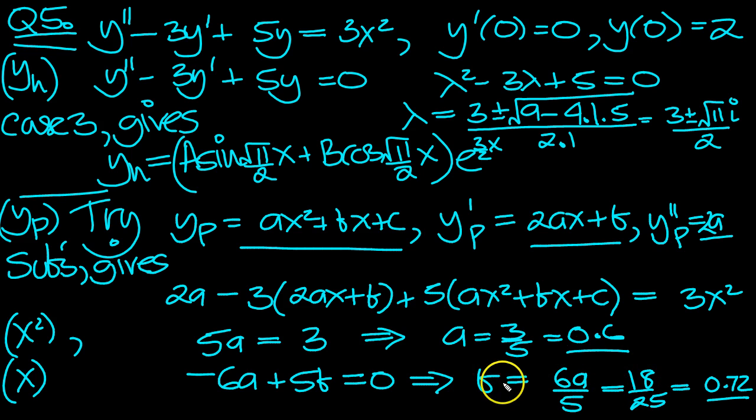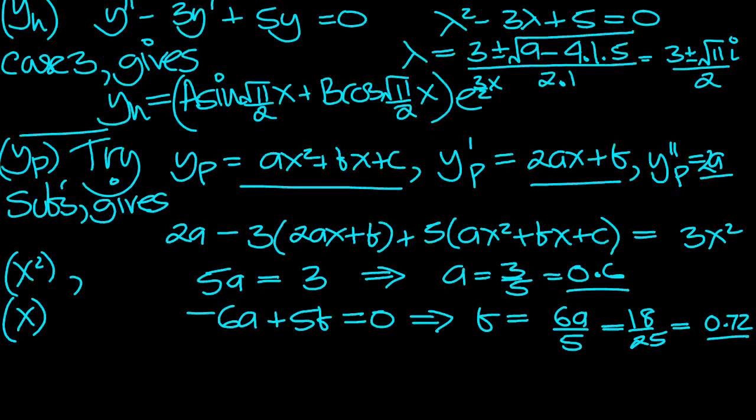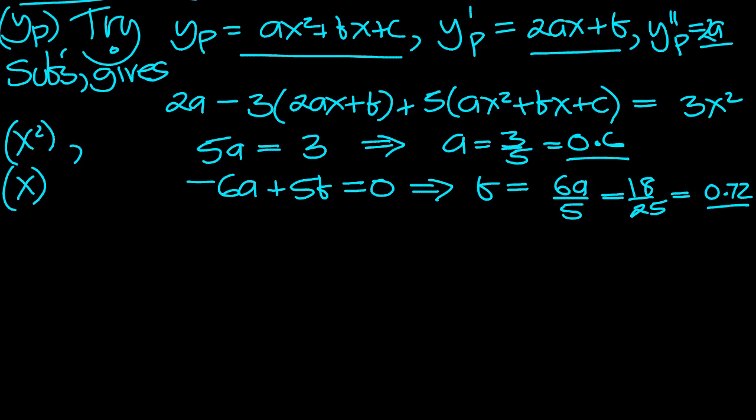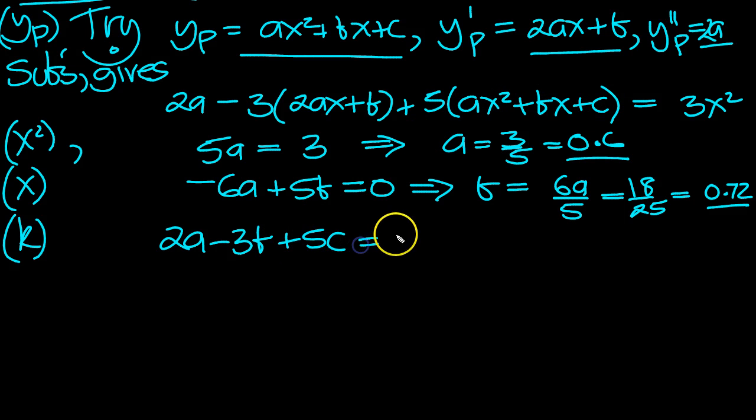So there's b. Now we need c. What's the easiest way to get c? Let's scroll down now, because we're focusing on yp at the moment. How are we going to get that? We've got to choose constants, haven't we? So let's do that. We've got 2a, and then minus 3b, and then the constant here is plus 5c, equals no constants on the other side.